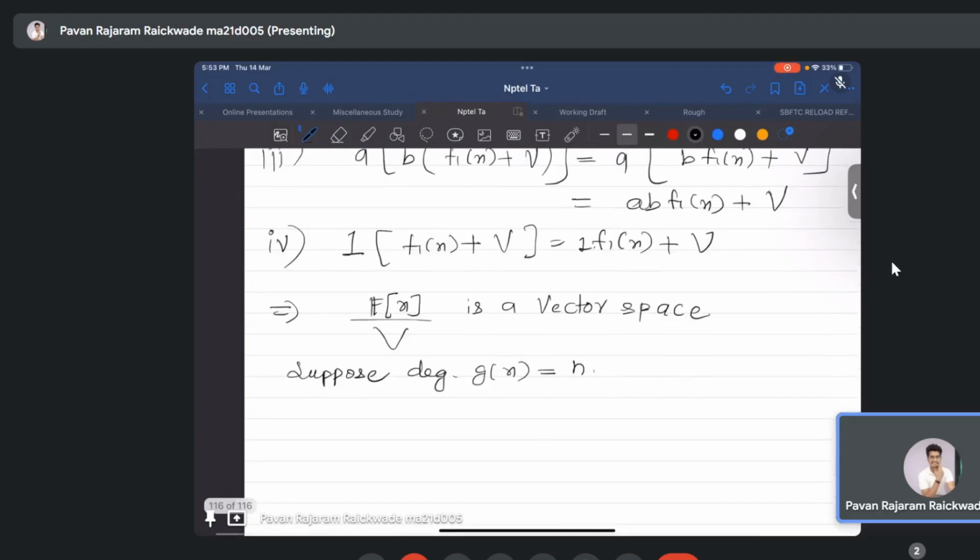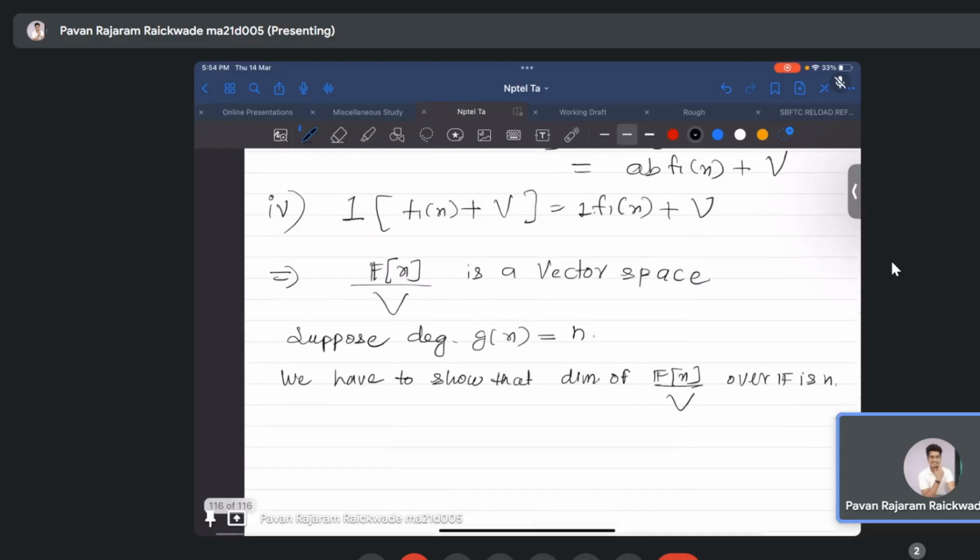We have to show that F[x] quotient V as a vector space over F, no, this is not a field extension, this is the proper notation. We show that the dimension of F[x] quotient V over F is n.